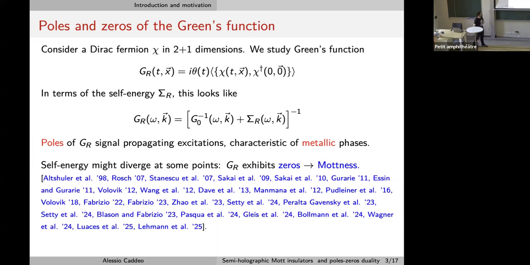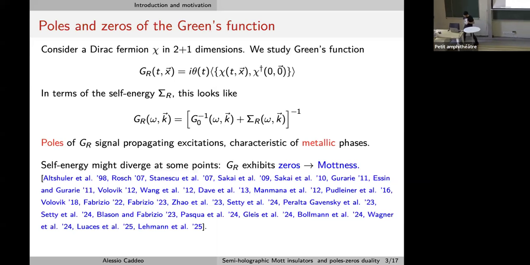And I will be interested in two features of this Green function. One is poles, and poles, as we know, signal excitations, so propagating degrees of freedom. And these are shown in metallic phases. So we have a Fermi surface. But the self-energy can also diverge at some points. And when this happens, the Green function shows zeros.